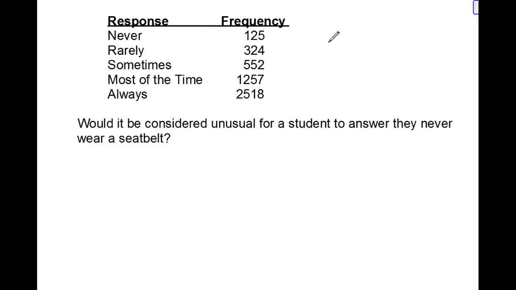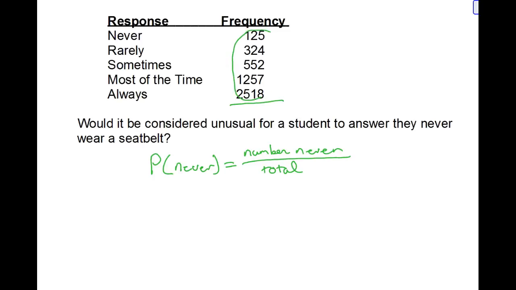The probability of never is equal to the number that answered never divided by our total, which was 4,776. So I take 125 and divide that by 4,776, and I get 0.0262.